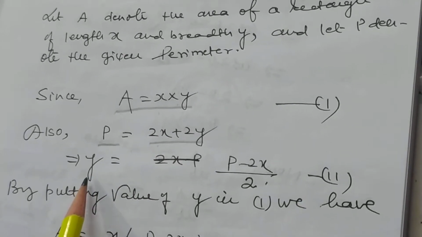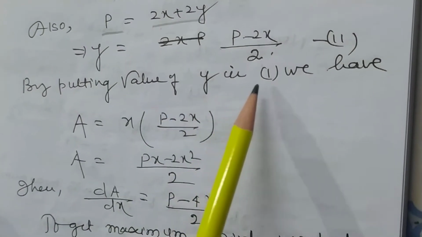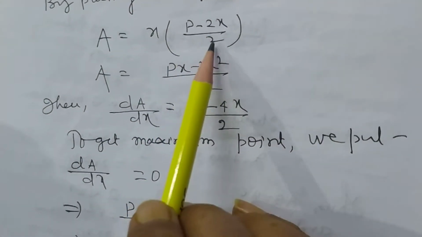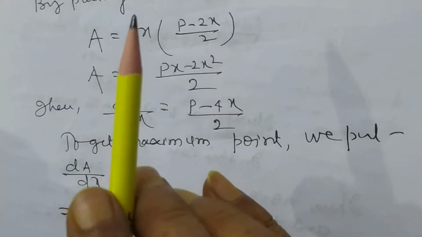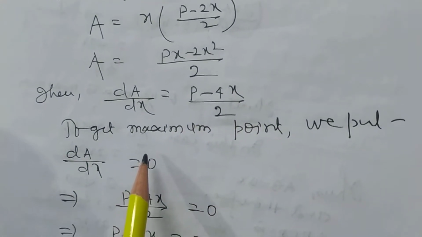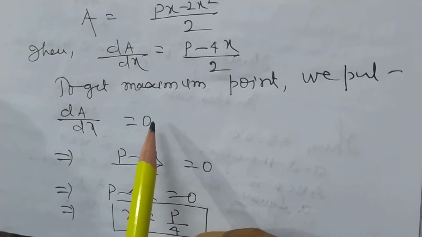Solution of problem. Now y is equal to (p minus 2x) by 2. By putting the value of y in first, we have A is equal to x into (p minus 2x) by 2. A is equal to px minus 2x square by 2. So dA by dx is equal to (p minus 4x) by 2. To get the maximum point, we put dA by dx is equal to 0.